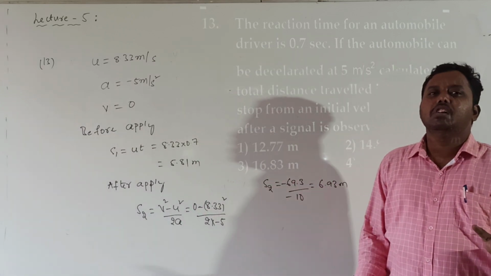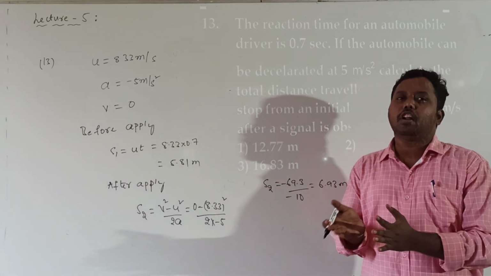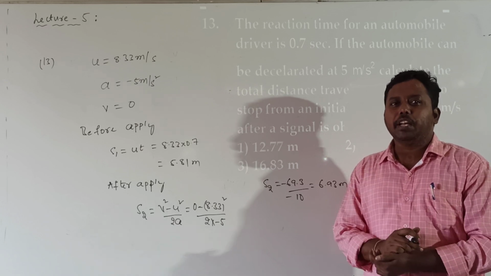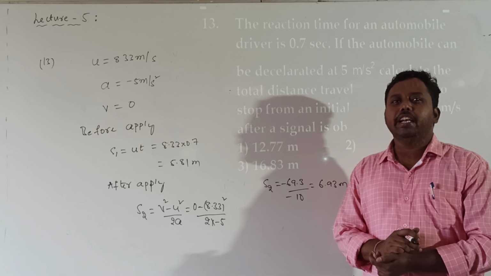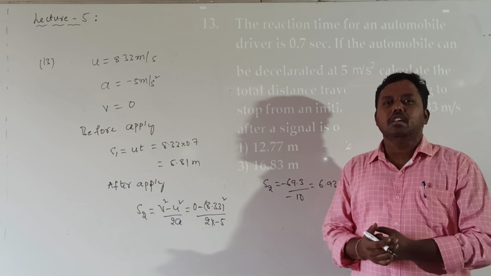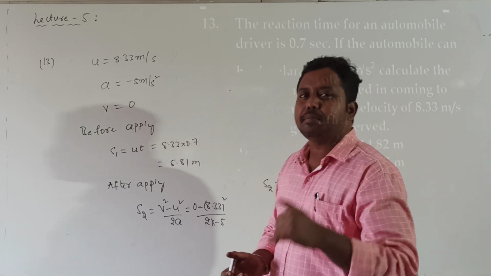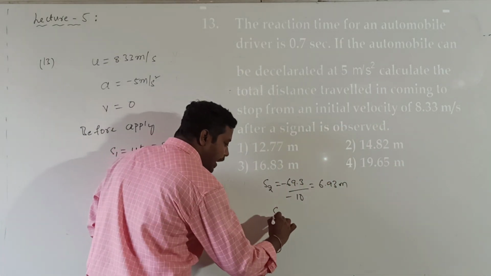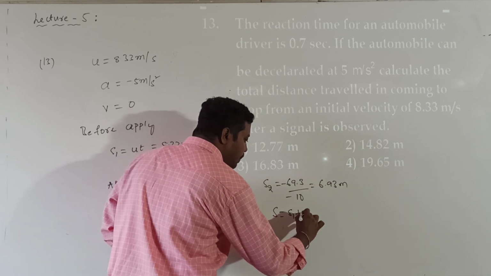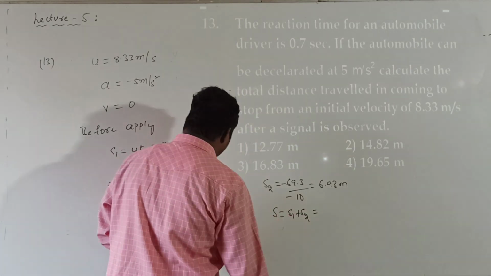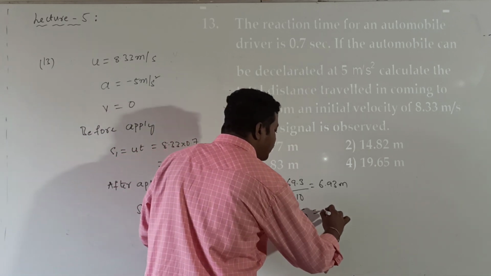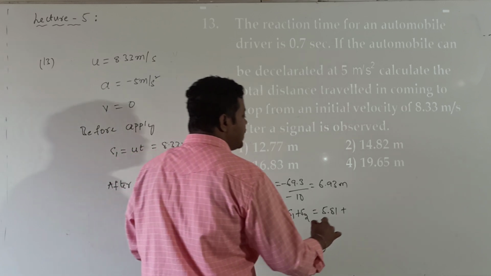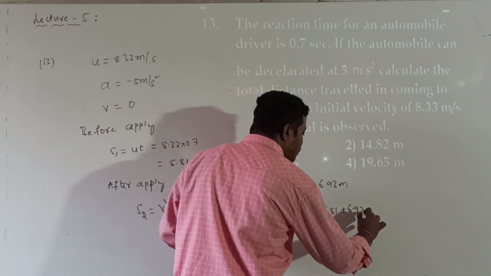Understood now? What is the S1 value and what is the S2 value? S1 is the distance travelled before applying the brake, and S2 is the distance travelled after applying the brake. They are asking us to calculate the total distance travelled from the time the signal was observed. So the total distance S is equal to S1 plus S2. We got S1 as 5.81 and S2 as 6.93.